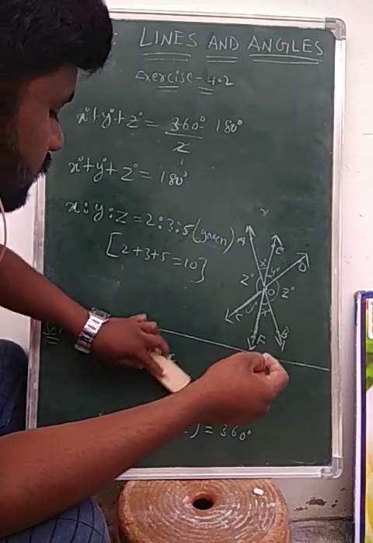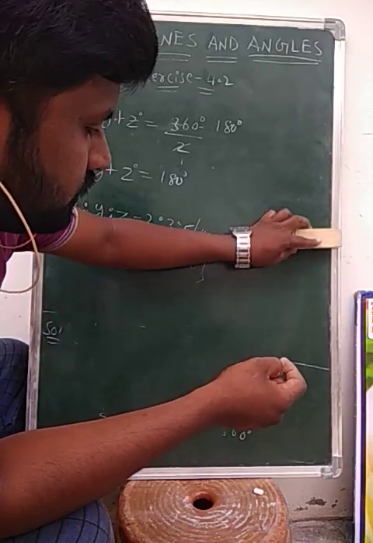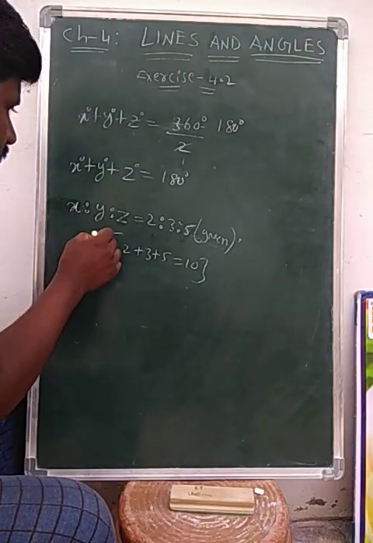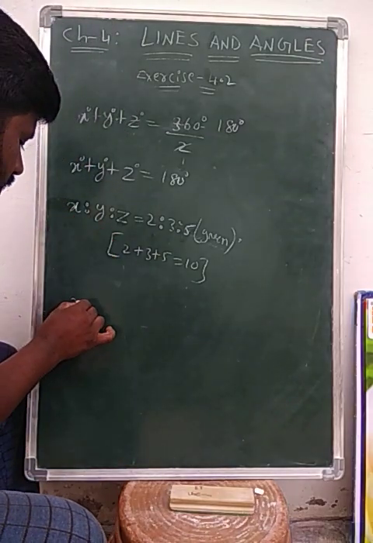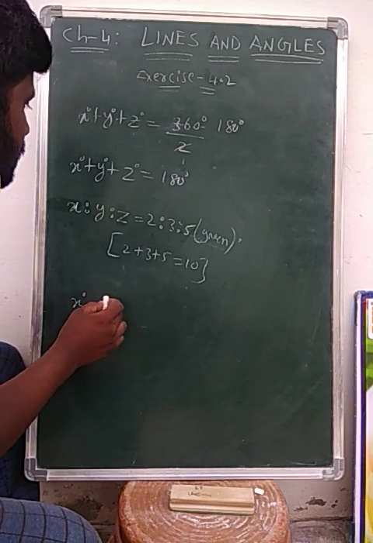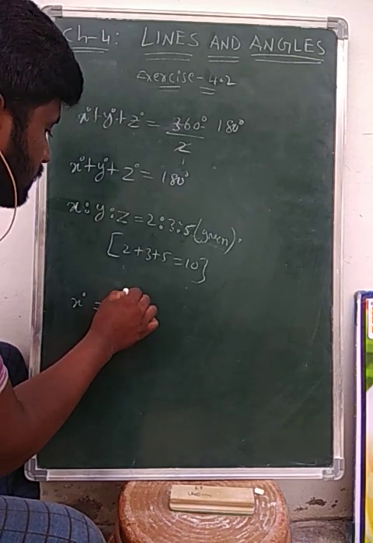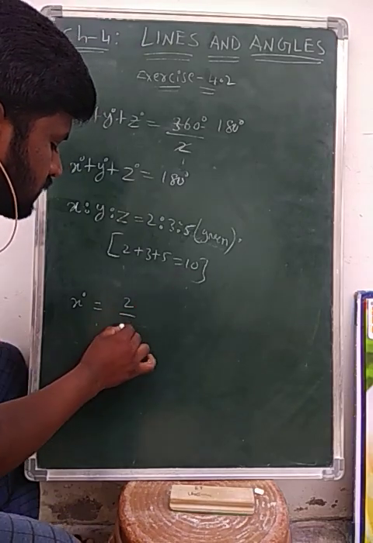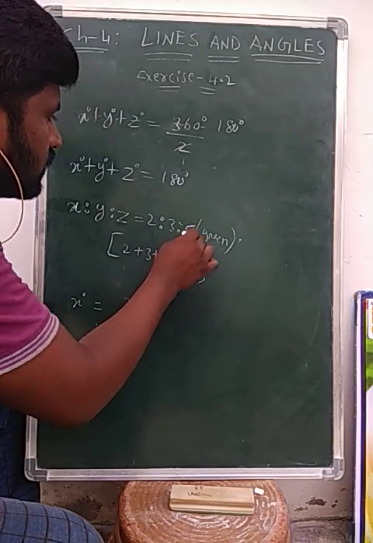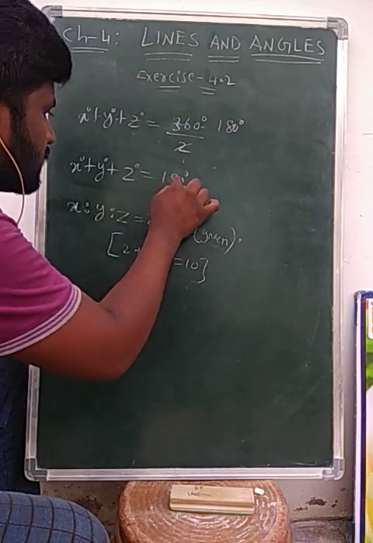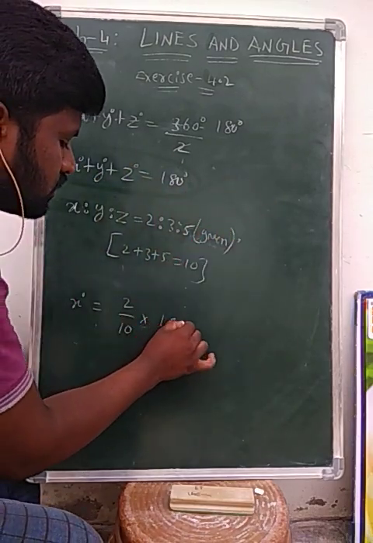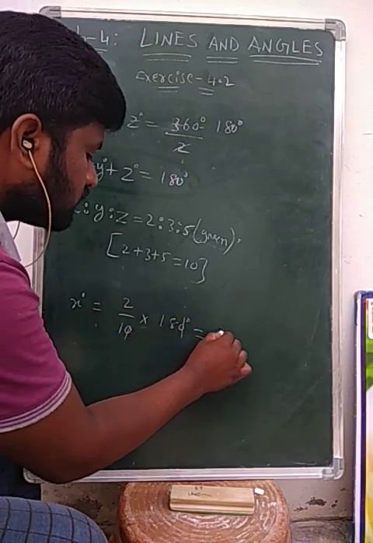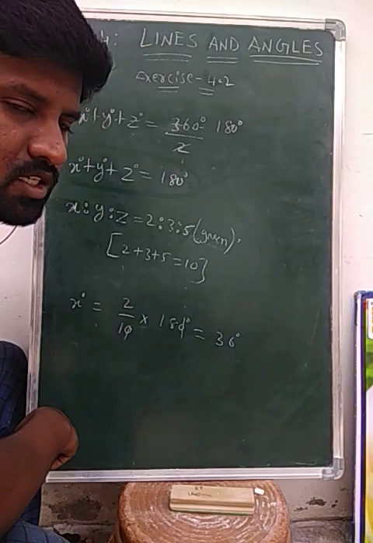Now what I am doing here: first x degrees is equal to, x corresponds to 2, so 2 by the sum of the terms of the ratio, 10, into the sum of these three angles, 180 degrees. Zeros cancel, 2 into 18 is 36 degrees.